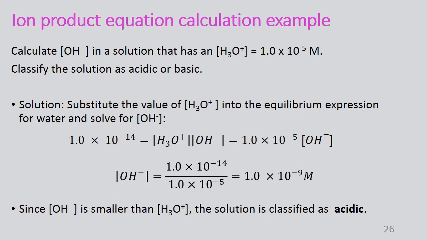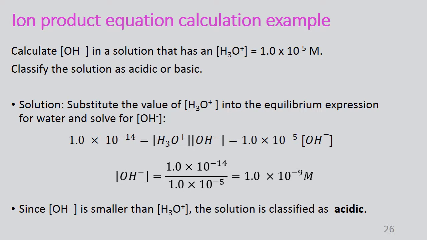All right, so if we have this ion product equation and we know one of the concentrations, we can find the other very easily. So here's an example of a calculation. Calculate the OH negative concentration in a solution that has an H3O plus concentration of 1.0 times 10 to the minus 5 molar.